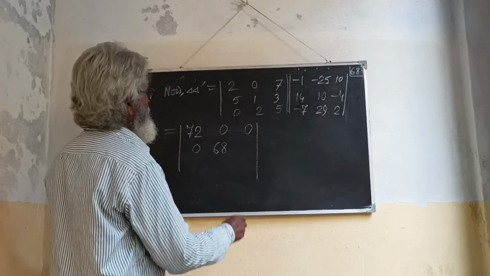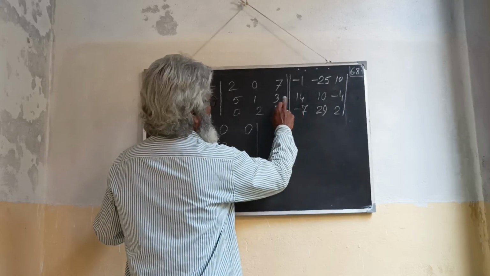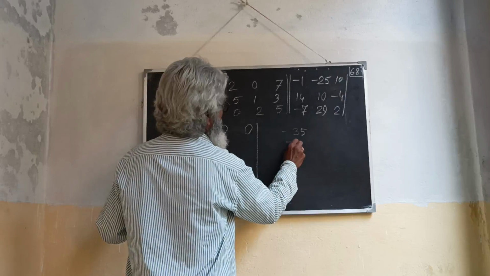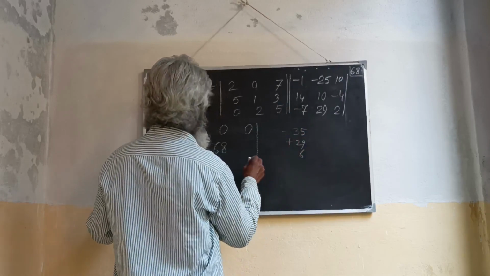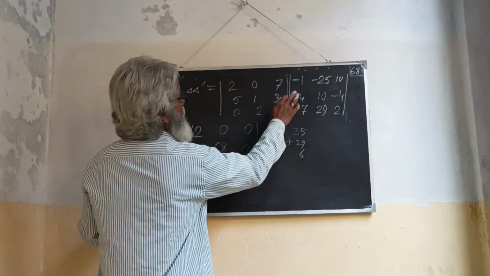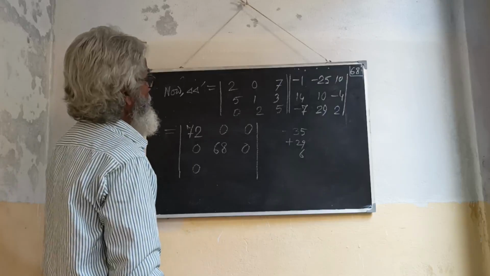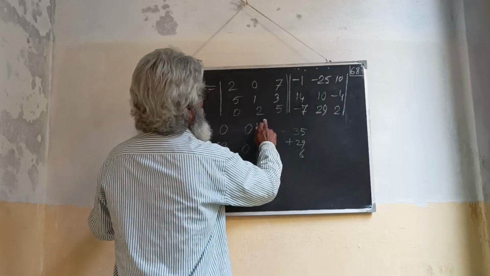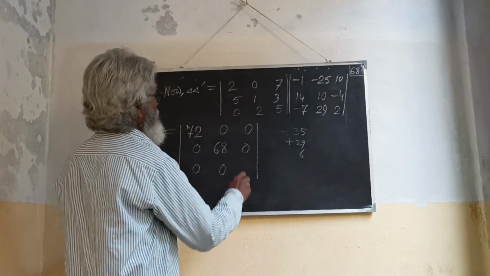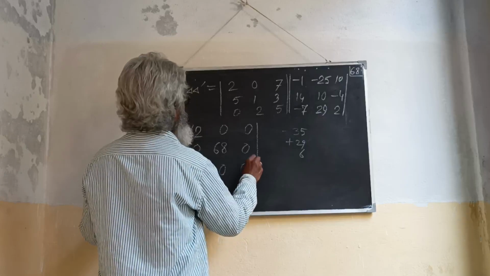Minus 35 plus 29 plus 6, so it is 0. Minus 50 plus 50, beautiful, 0. 20 minus 20, so this is another 0. 58 plus 10, that means 68.